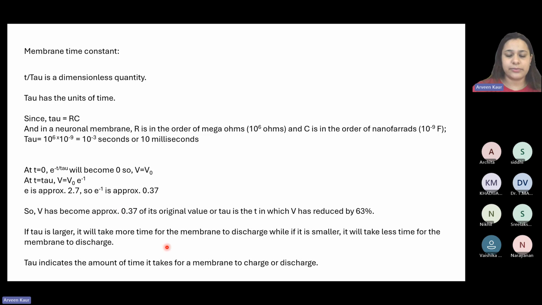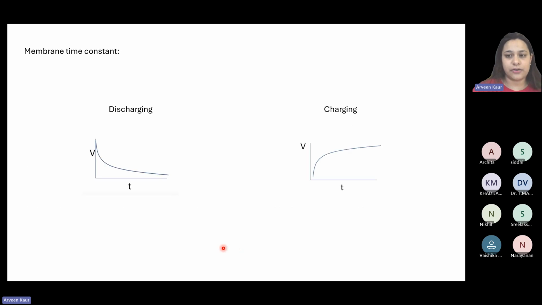If tau is larger, it will take more time for the membrane to discharge. But if tau is smaller, it will take less time for the membrane to discharge. And it indicates the amount of time it takes for a membrane to charge or discharge. So right now, what we were looking at is discharging of the membrane, and this is what the graph for that looked like, right? The charging graph will be exactly opposite of this.